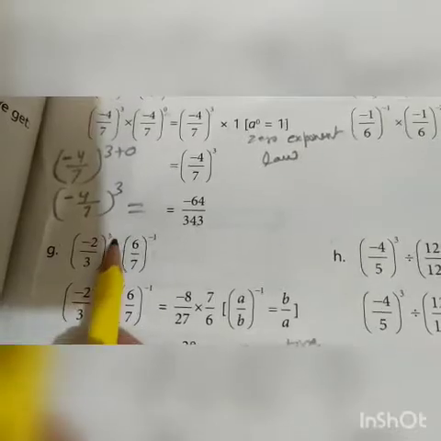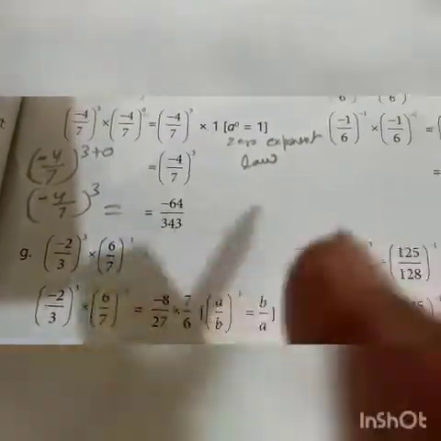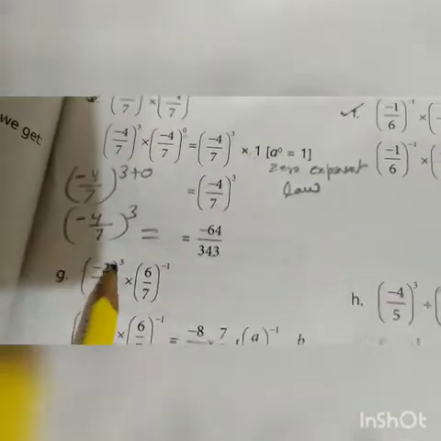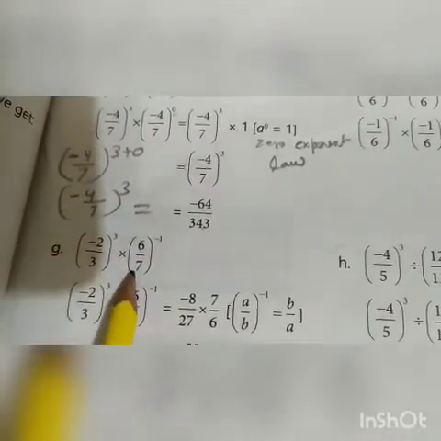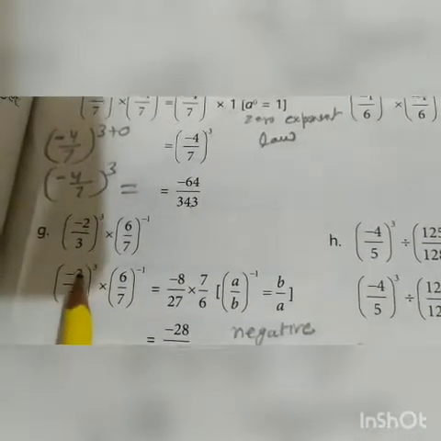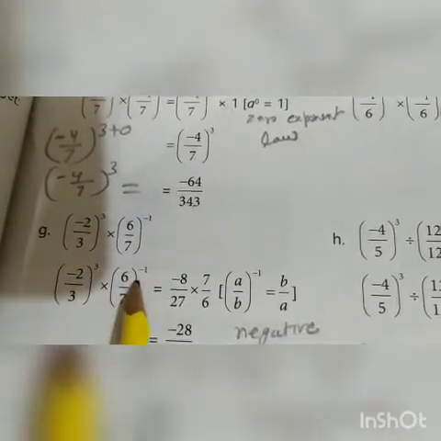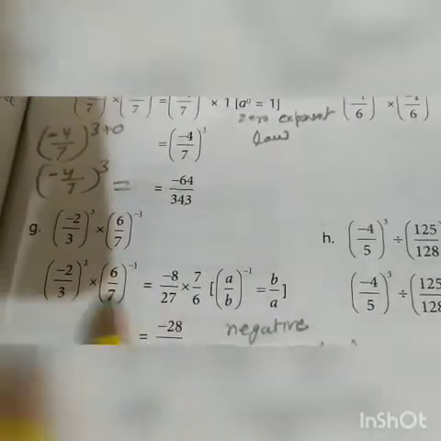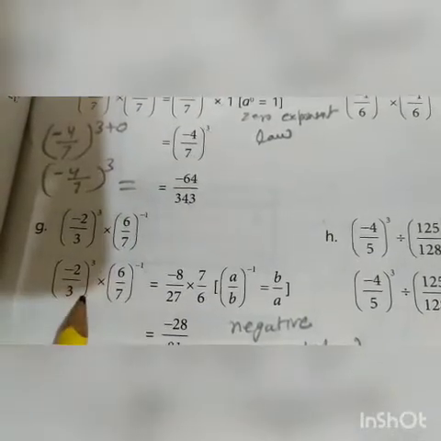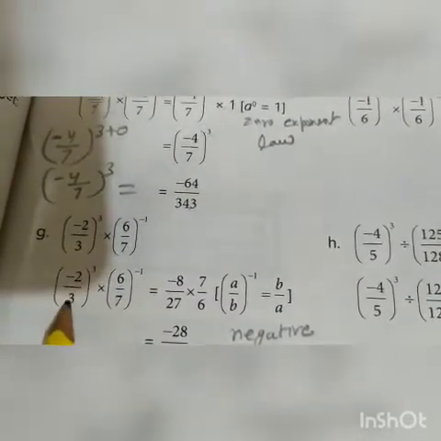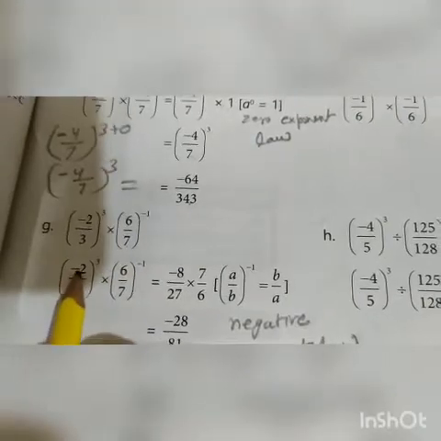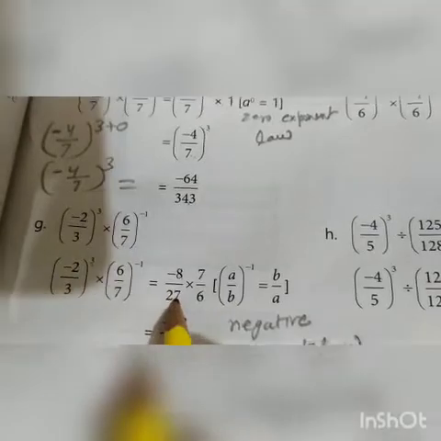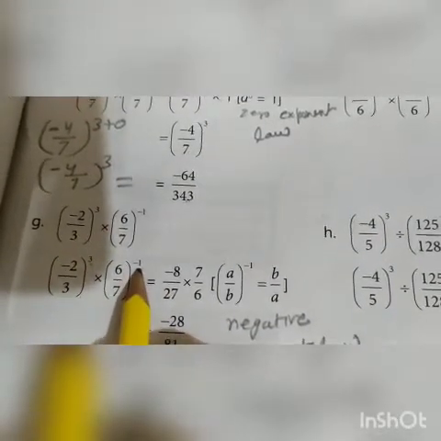Then next example, G. (-2/3)^3 multiply (6/7)^-1. Here neither the exponents are equal nor the bases are equal. Then what will we do? (-2/3)^3, when we multiply -2/3 three times, we get -8/27, and (6/7)^-1.